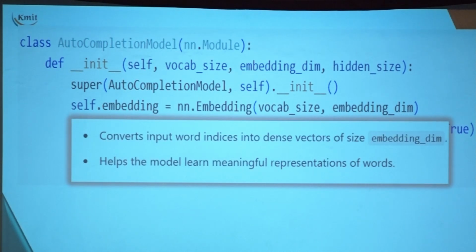You start creating the embedding layer. You are calling an embedding layer and giving parameters as vocabulary size and embedding dimension. It will convert all the input word indices into dense vectors of size embedding dimension.